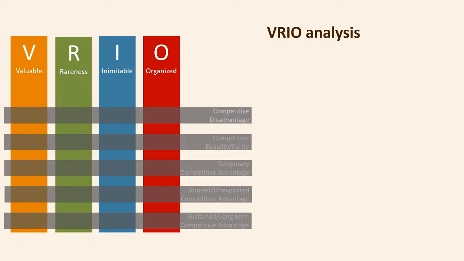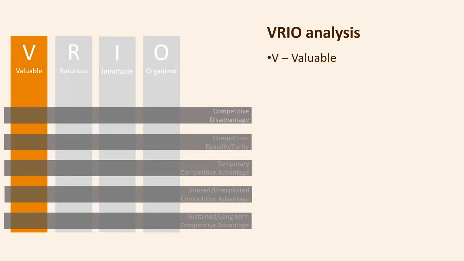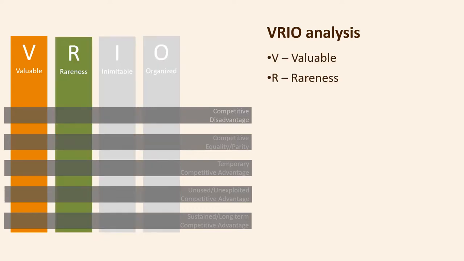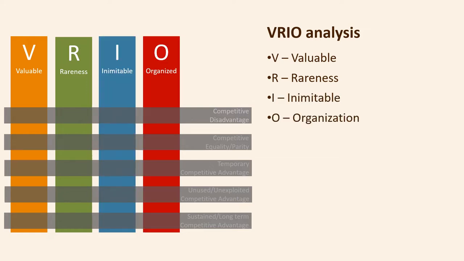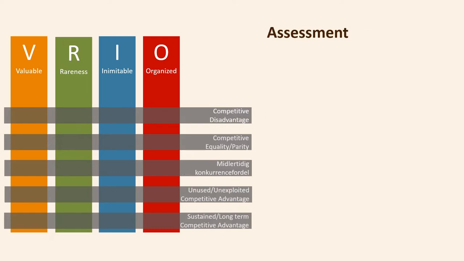VRIO is an acronym from the initials of the names of the evaluation dimensions. V stands for value, R for rareness, I for imitability, and O for organization. The model also has 5 horizontal dimensions, assessing the actual competitive situation.